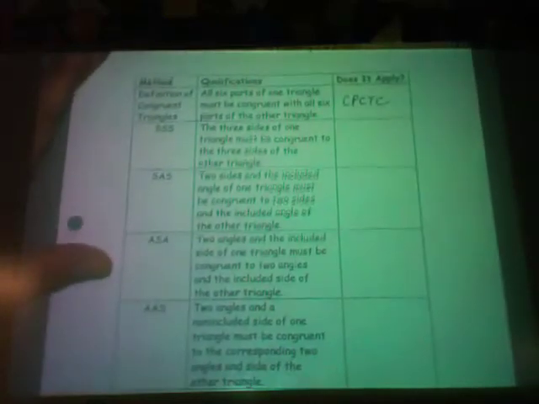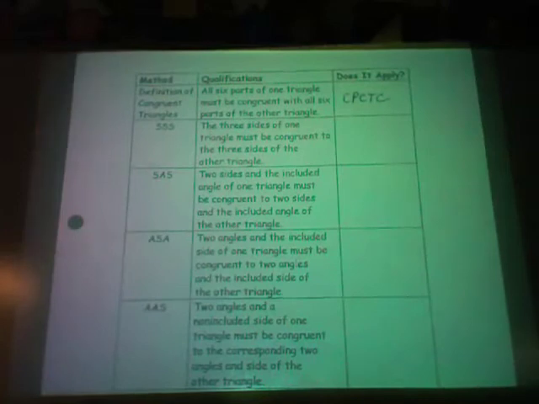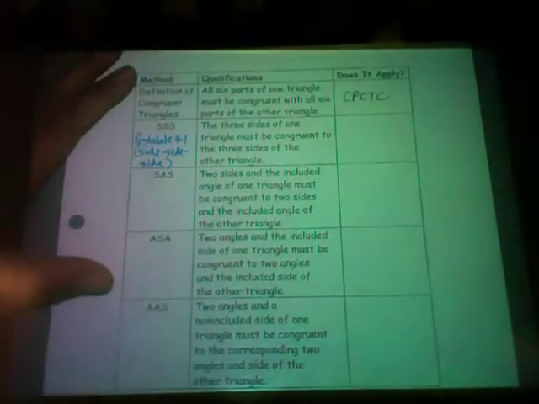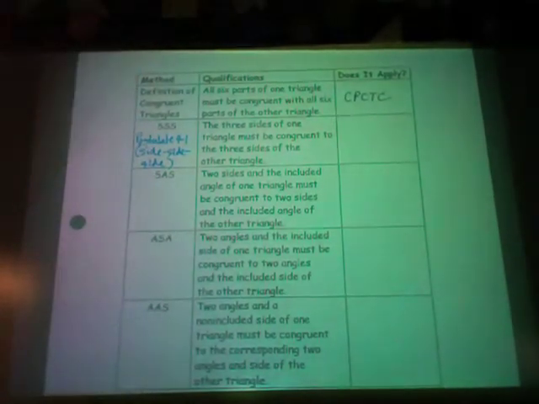If I gave you the following, the first one is SSS. It is postulate 4-1. It's commonly referred to as side, side, side, which is why it's SSS. And it essentially says the 3 sides of one triangle must be congruent to the 3 sides of the other triangle.